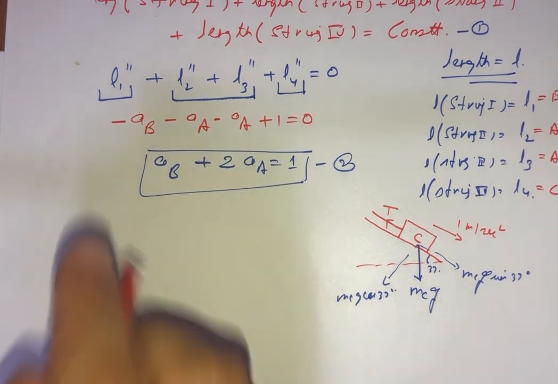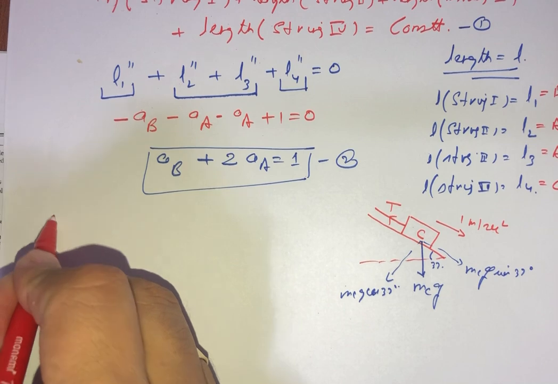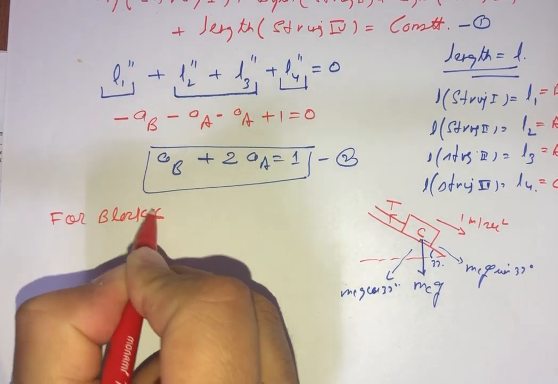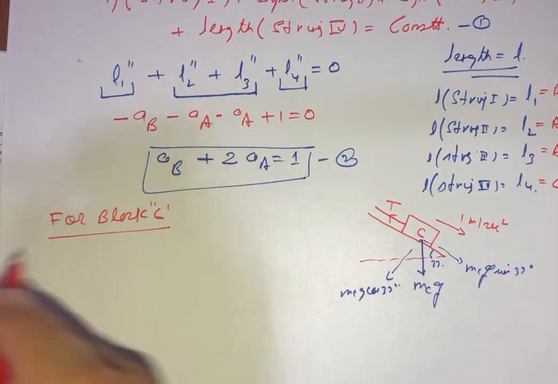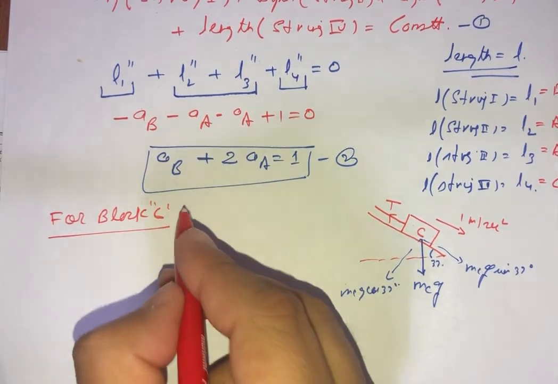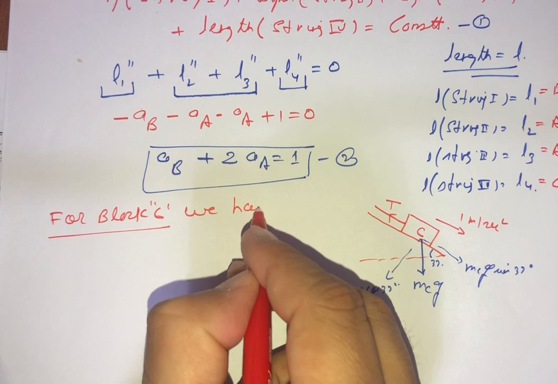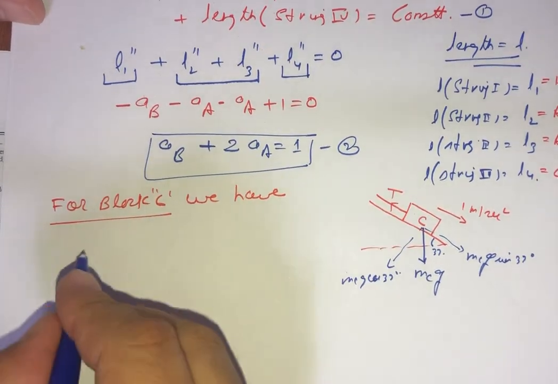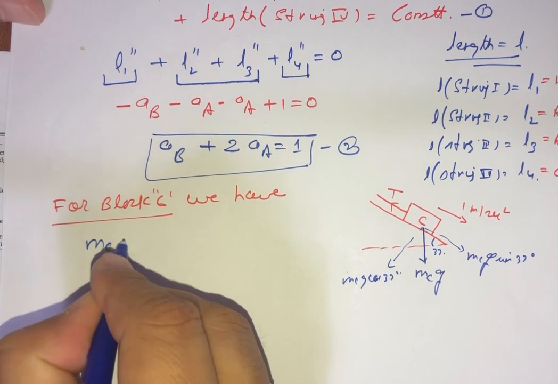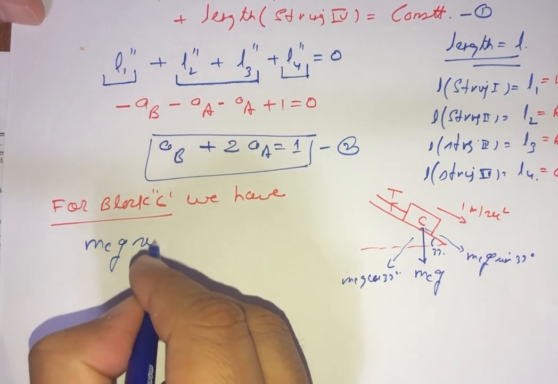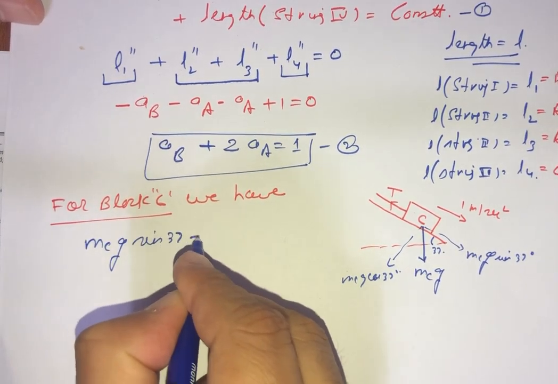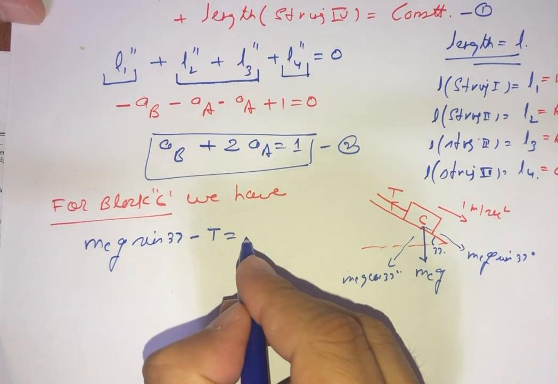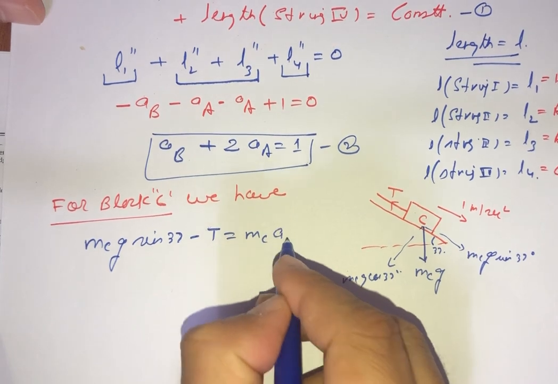So for block C, we have mCg sine of 37 minus T is equal to mCa.